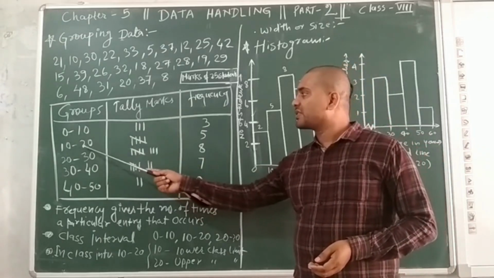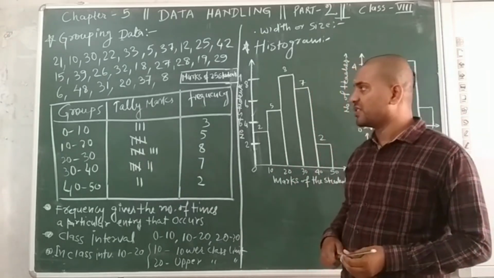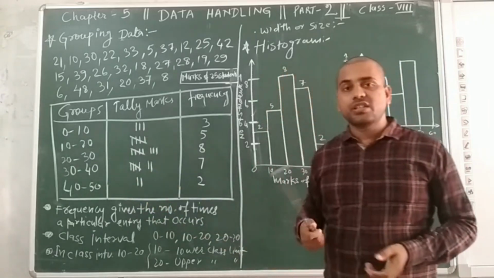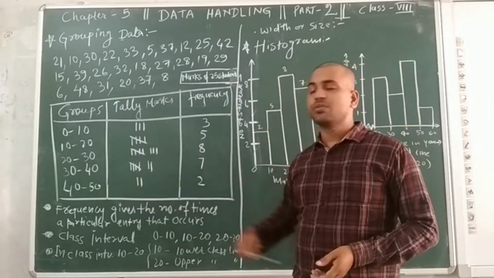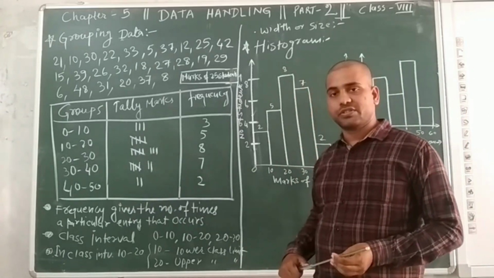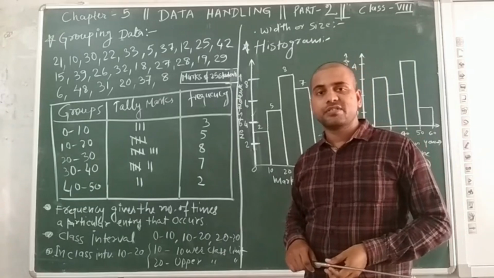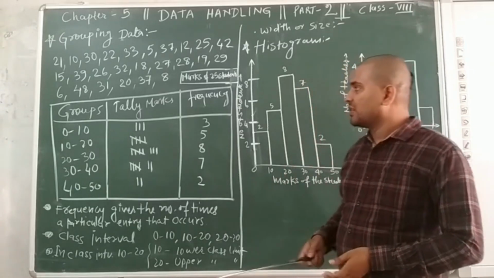We will keep it in 10 to 20. Now for 10 to 20 and 20 to 30, in which group will we keep 20? In 20 to 30. You have to keep that in mind, because some students may misunderstand that.